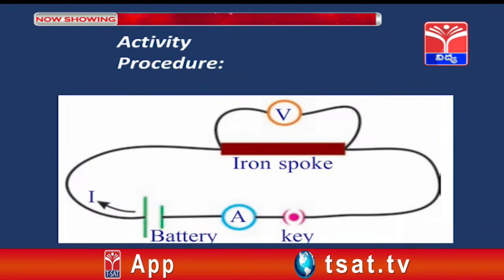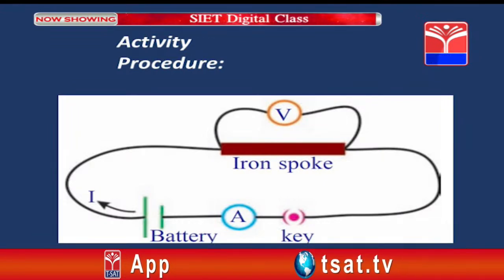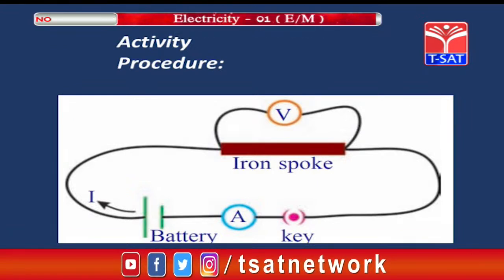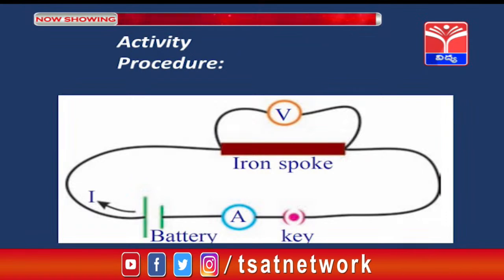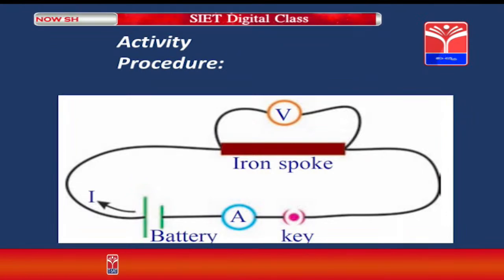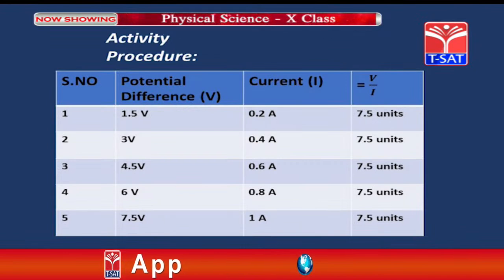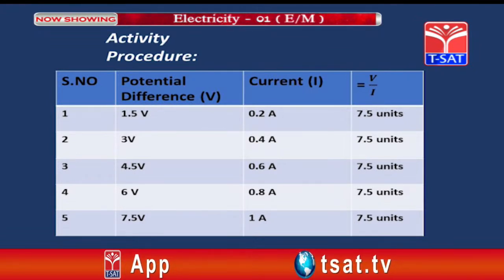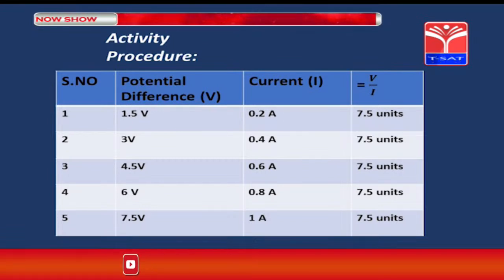We have to connect a battery, wire, ammeter, switch as shown in the figure, and the voltmeter connected across the iron spoke, and then we should start applying different potential differences and measure the current. The ammeter measures the current, the voltmeter measures the potential difference.